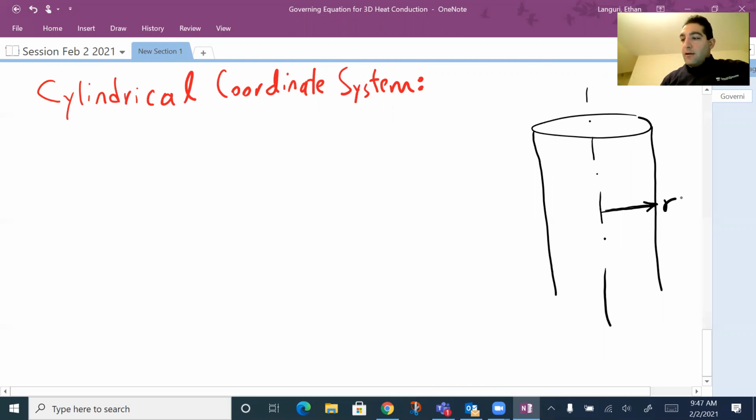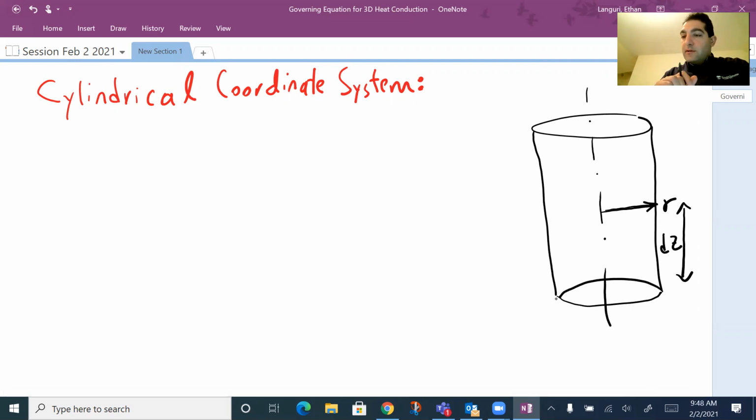You also have the height, dz, showing you what the height of your control volume is in cylindrical coordinate system. And also you have an angle, phi, starting from a base.